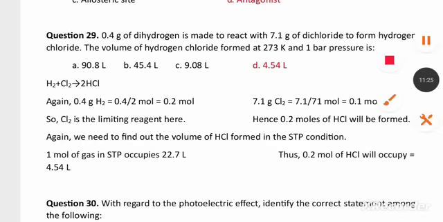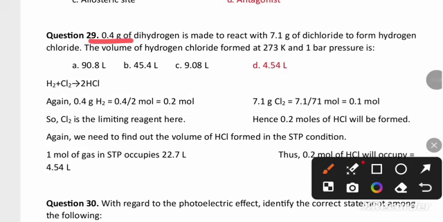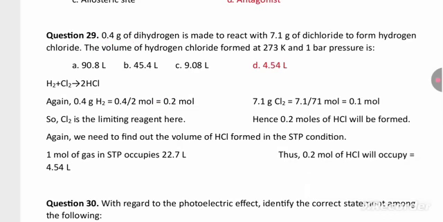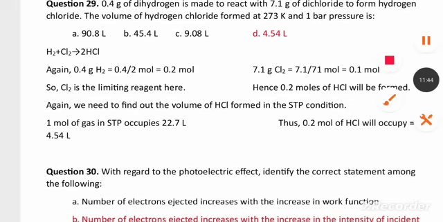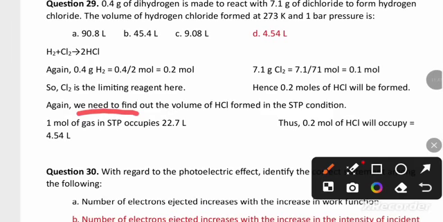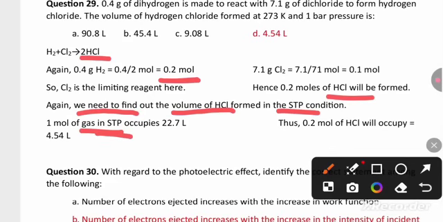As chlorine is the limiting reagent, we need to find out the volume of HCl formed at STP. Hence 0.2 moles of hydrogen produce 0.2 moles of HCl because chlorine is the limiting reagent. We need to find out the volume of HCl at STP. So 1 mole of any gas at STP is equal to 22.7 liters.